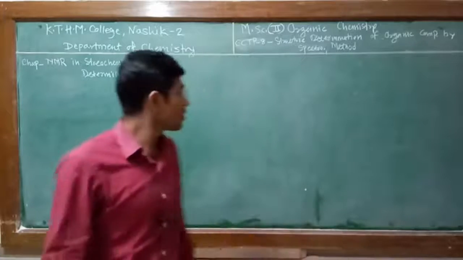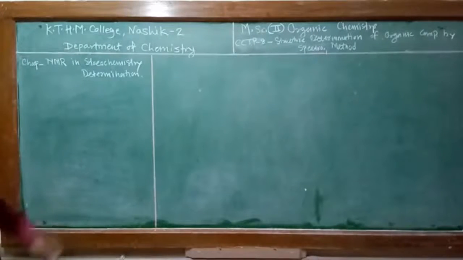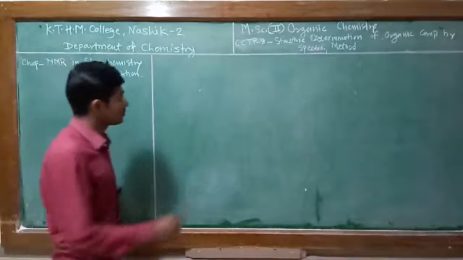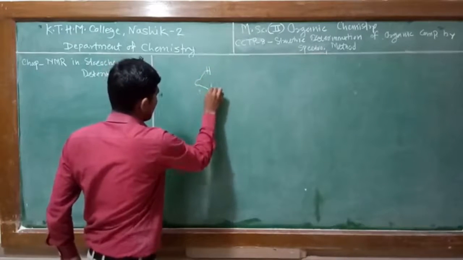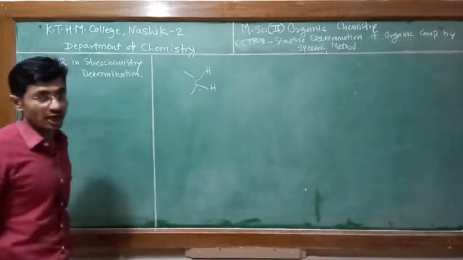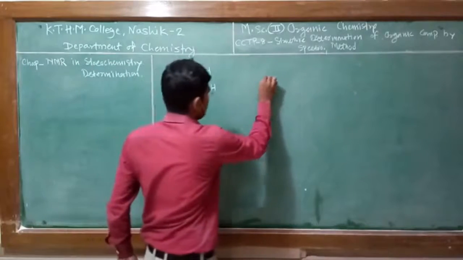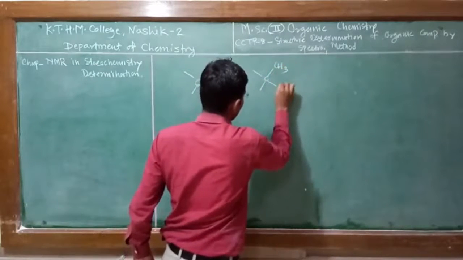So here, before we start with our point, remember that in organic molecules many times we observe this kind of methylene carbon, and sometimes we observe this type of isopropyl group.